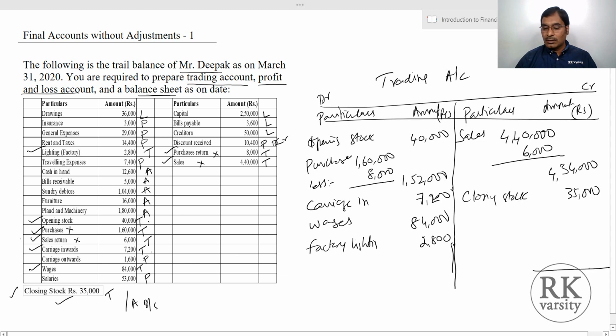Now we balance this account, looking at which side has the highest value. Approximately if you make 4,69,000 here, and this is around 3 lakhs, we go with this one, 4,69,000, and here we balance this. For that we take a calculator.